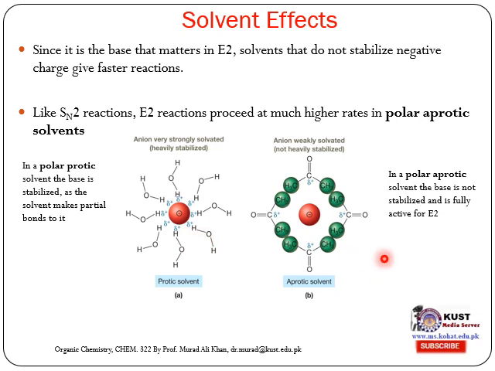But against this, in the aprotic solvent, the base is not stabilized. You can see there is no bonding between the base or the anion and the solvent. The anions are weakly solvated in the aprotic solvent, and they are free to attack the substrate. And so the E2 reaction is faster in a polar aprotic solvent as compared to a polar protic solvent.